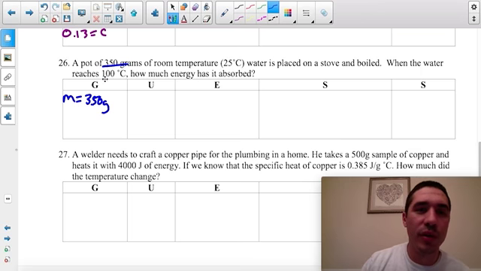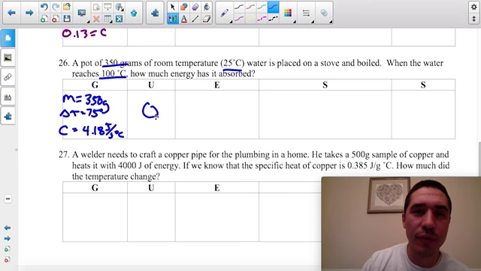When the water reaches 100 degrees, how much energy has been absorbed? So my change in temperature, we went from 25 to 100 degrees. So that's a change in temperature of 75 degrees. And since I'm liquid water during that range of temperatures, remember that water boils at 100 and freezes at 0, it means that I have liquid water, 4.18 joules per gram degree Celsius.